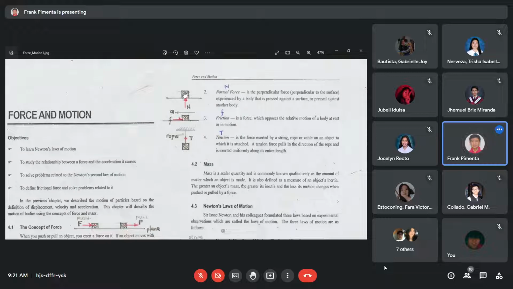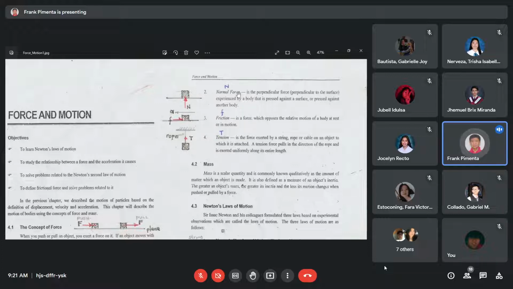The block or this object and the plane or table. So the surfaces are the surface of the body and the surface of the table. That is what the definition says. And they are pressing each other.